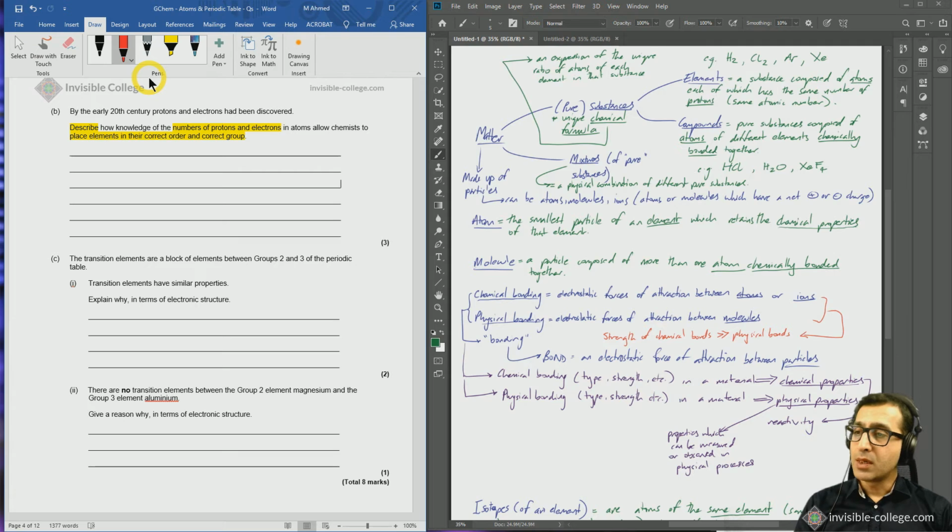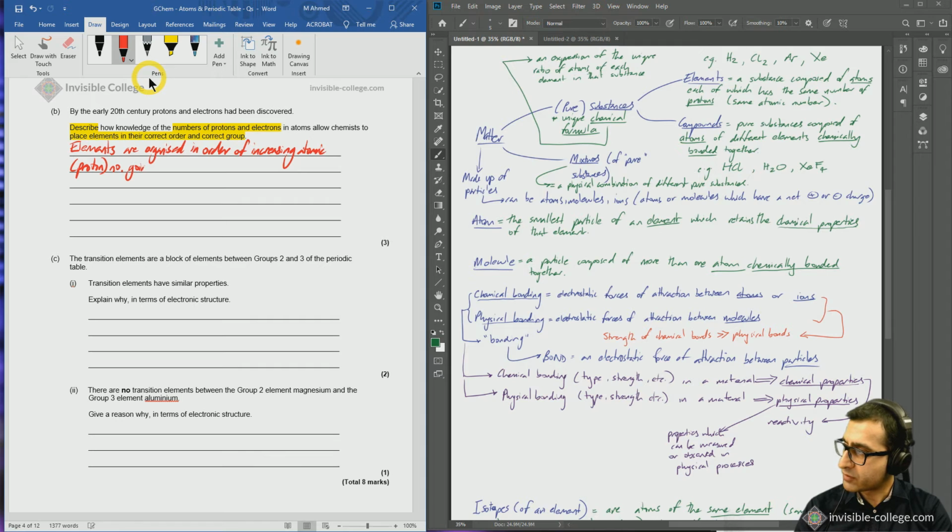So, first of all, as we've said, elements are placed in order of atomic number, or the number of protons, going from left to right. So, elements are organized in order of increasing atomic or proton number going from left to right.